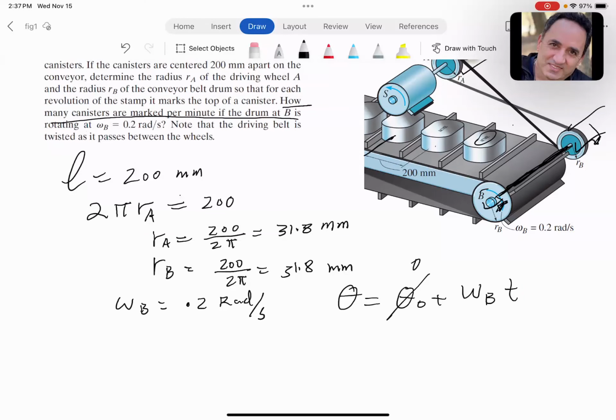We set the initial angle equal to 0, and 1 minute is 60 seconds. So we have 0 plus 0.2, that's given, times 60. The unit is radians per second times seconds, so this comes out to be 12 radians.